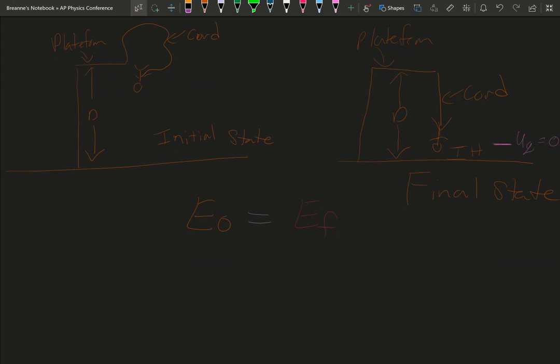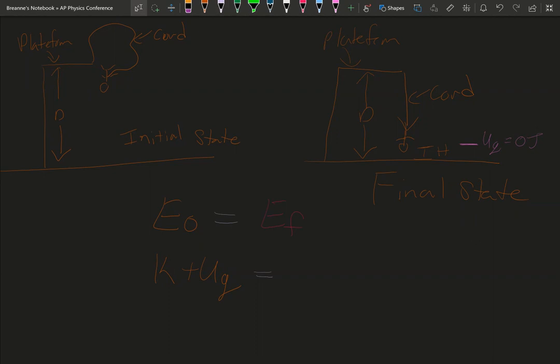So at the beginning, it has kinetic energy, and gravitational potential energy, because we have some height. Moving and has some height. There we go. But the cord hasn't started stretching yet, so we don't have our elastic potential.